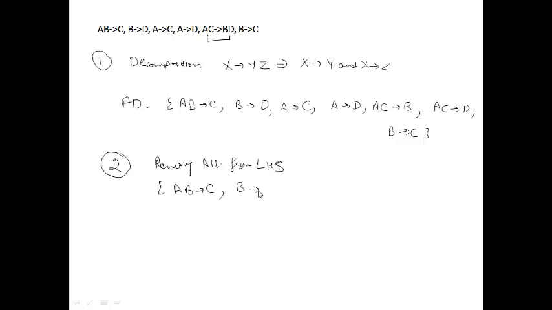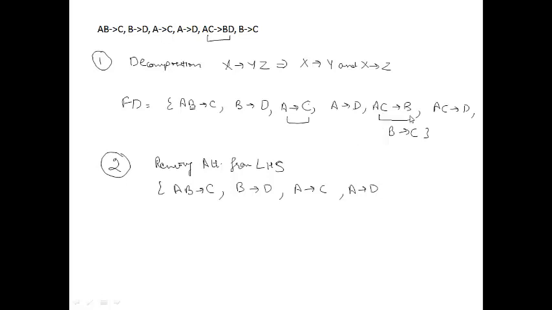Next, B determining D, A determining C, A determining D, AC determining B. We will see whether there is a relationship between A and C. A is determining C, so this FD is present.